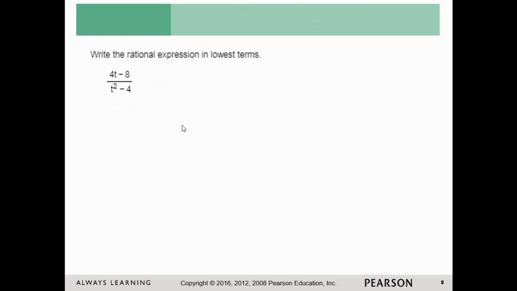Now this one is still an easy problem to do, but just remember the rules. First, we factor the numerator and the denominator, because we're eventually going to try to get some terms to cancel out. In the numerator, we can take out a greatest common factor, and the denominator is a difference of two squares.